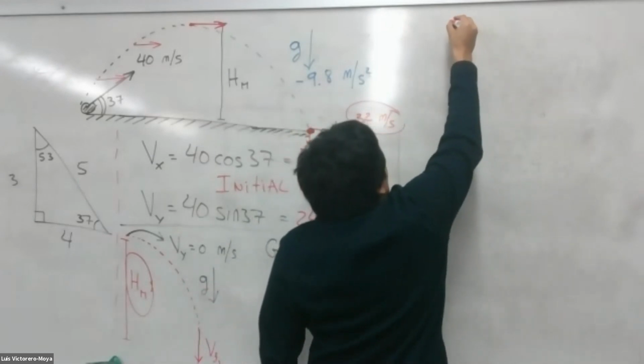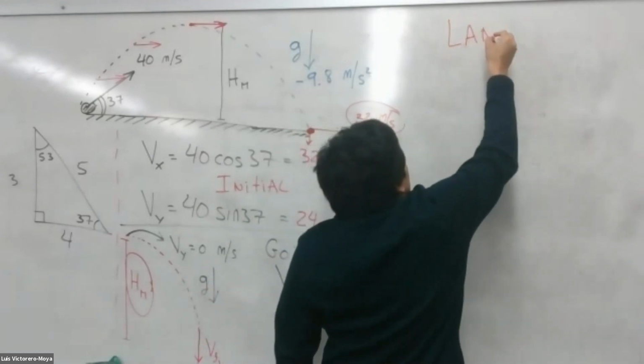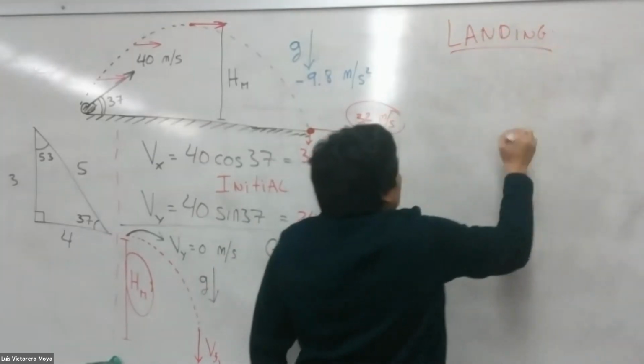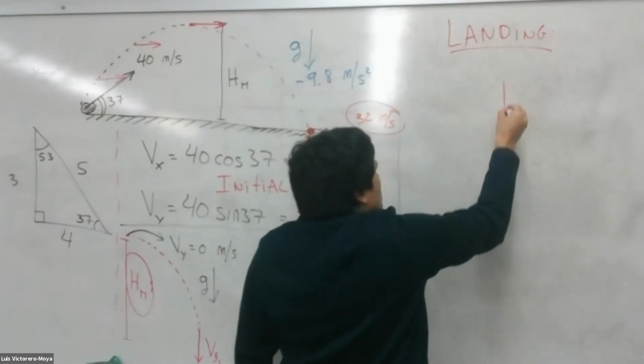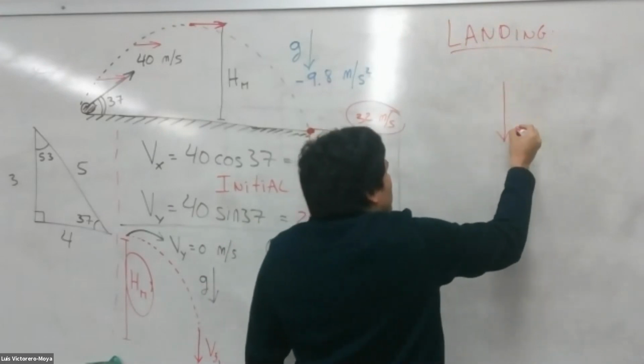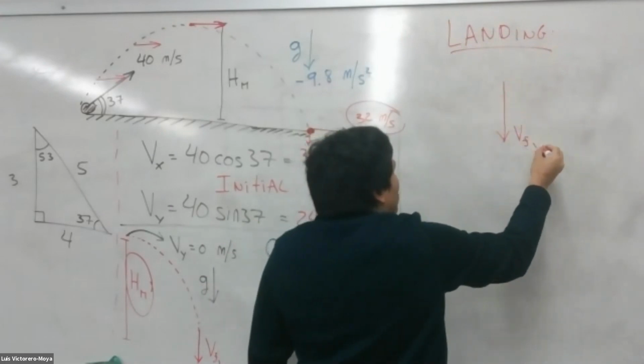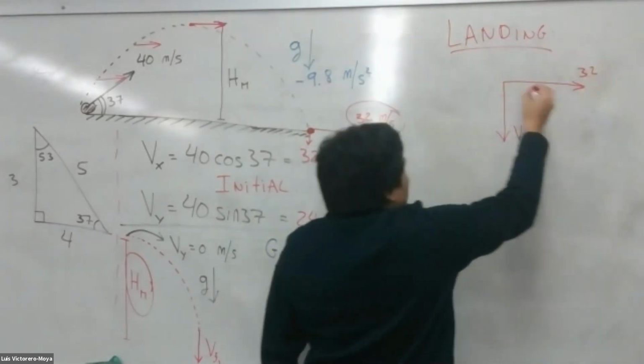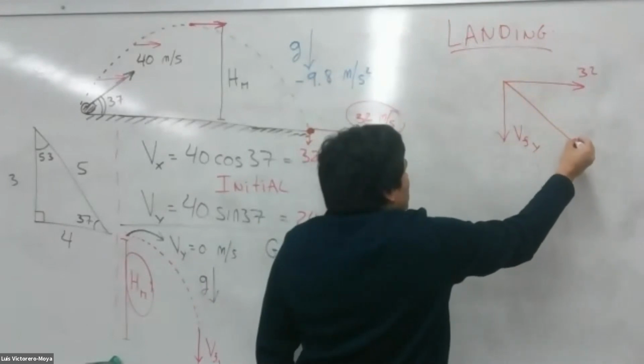So when it lands, it will land with some velocity. I'm gonna call it V final on Y with 32. So the general motion will be something like this.